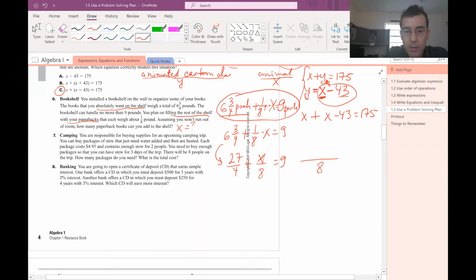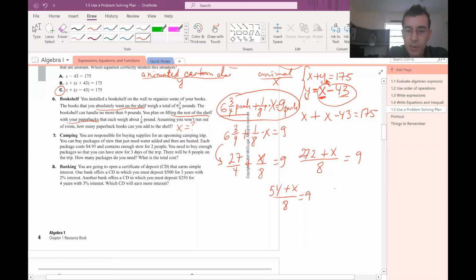To get 8, we multiplied 4 by 2, so we have to multiply the numerator by 2 as well. So 27 times 2 is 54, or we can just write it down here, 27 times 2, and then plus X here equals 9. 27 times 2 is 54, so 54 plus X over 8 equals 9.